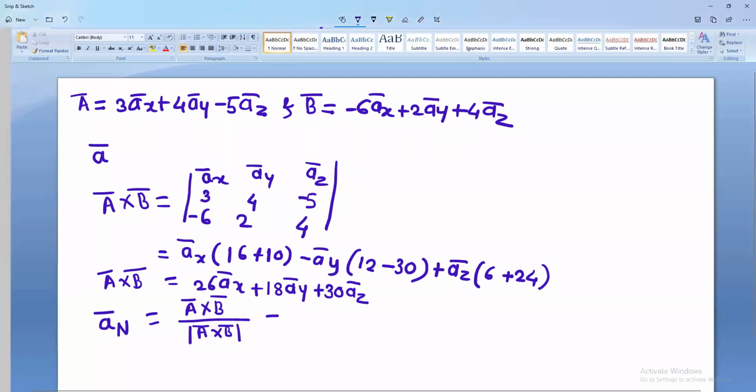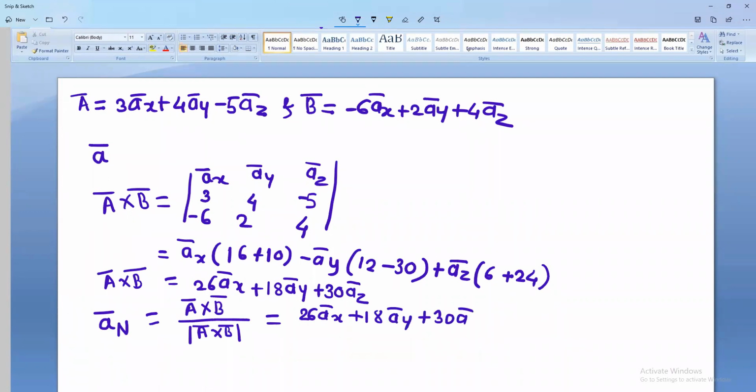Now a bar cross b bar is equal to 26 a bar x plus 18 a bar y plus 30 a bar z, divided by mod, which means its magnitude. So take the square root of 26 square plus 18 square plus 30 square. Now tell me the answer.